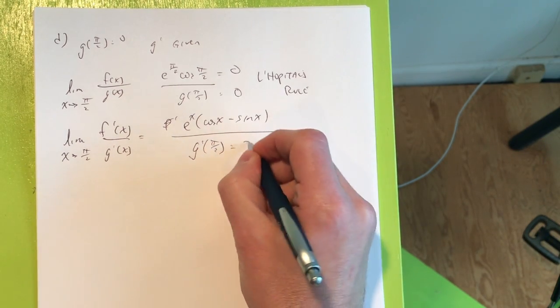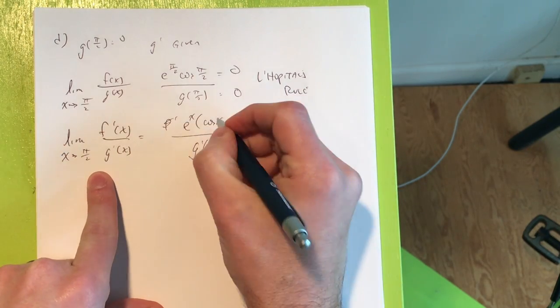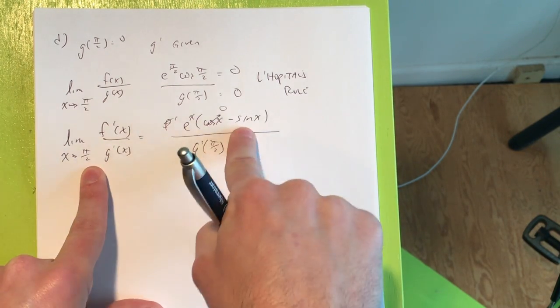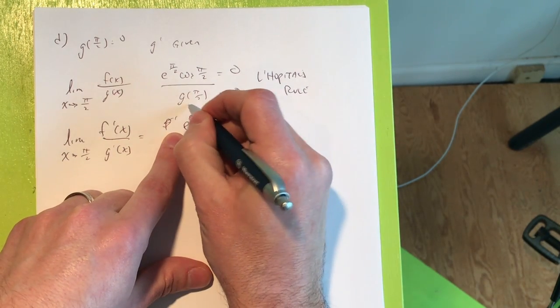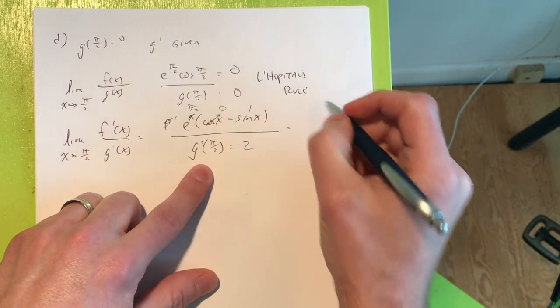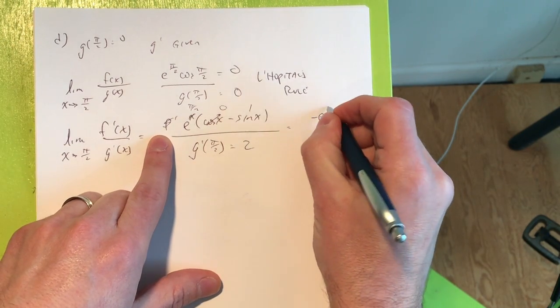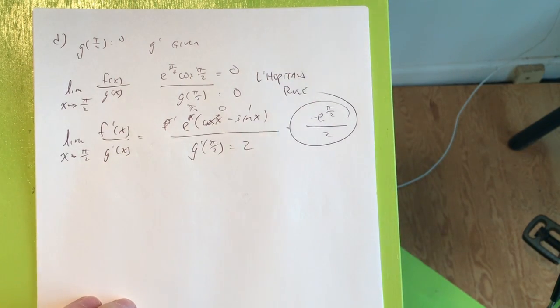That's going to give us 2. Plugging in pi over 2, that's 0. Plugging in pi over 2 gives us 1. So we have negative 1 times e to the pi over 2 over 2. So we have negative e to the pi over 2 over 2. There's the value of our limit.